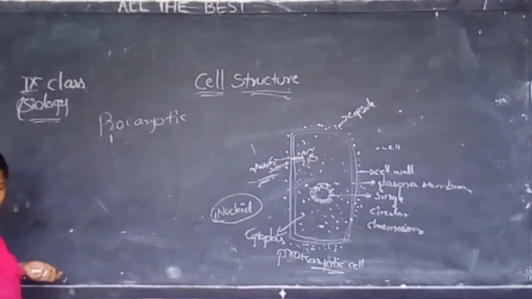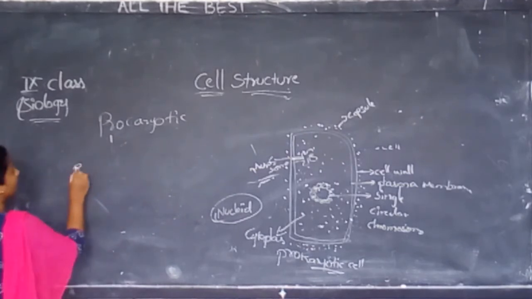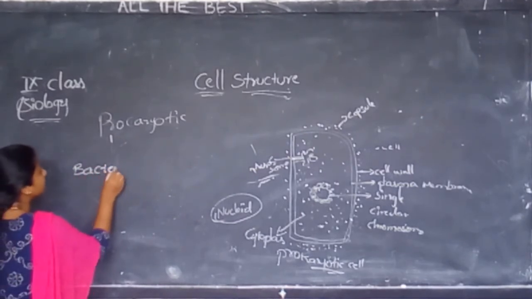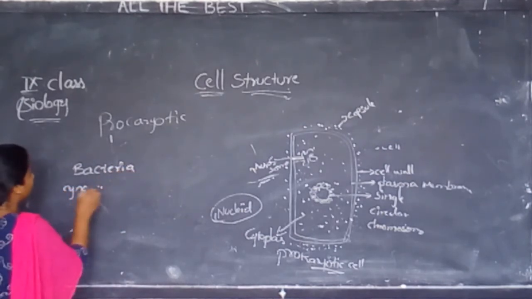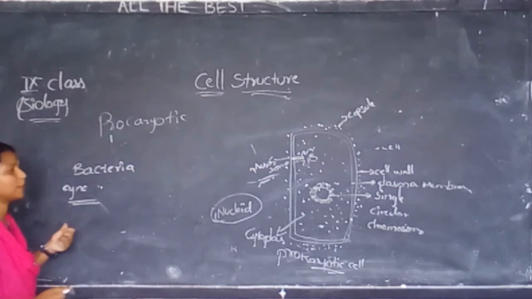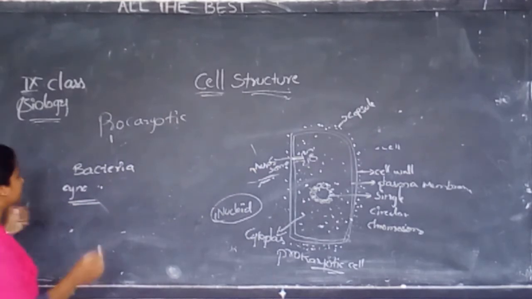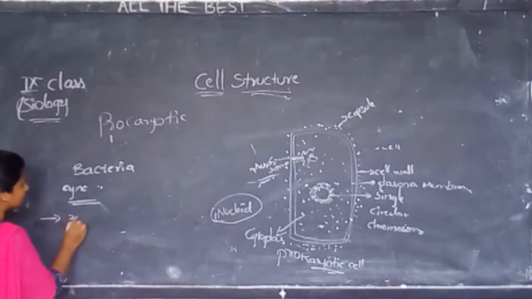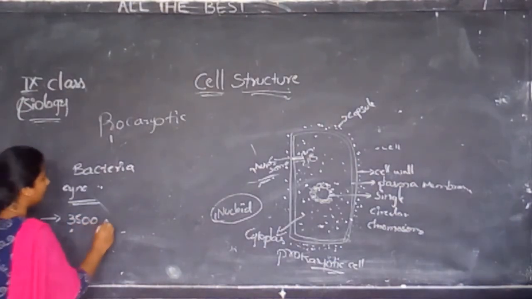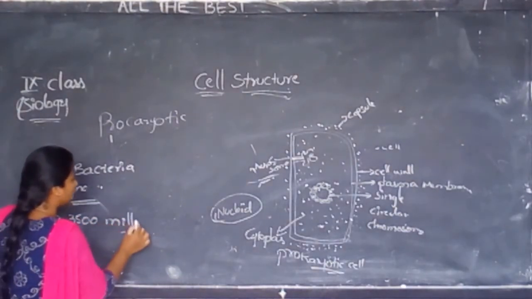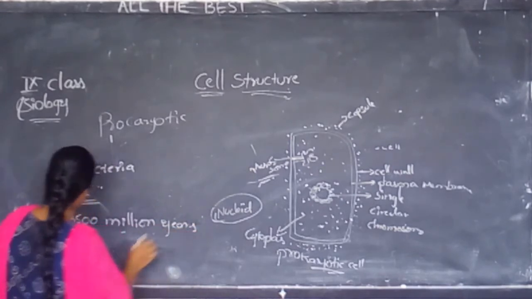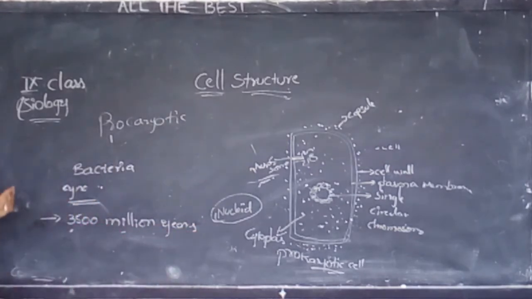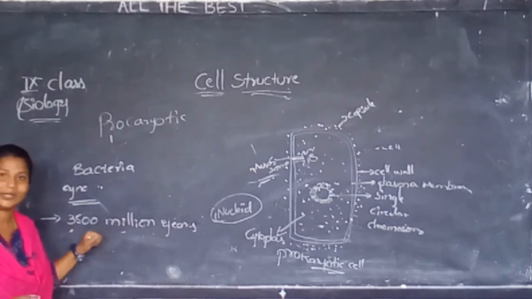These are considered prokaryotic cells. These prokaryotic cells appeared 3,500 million years ago. Okay, this is about prokaryotic cells.